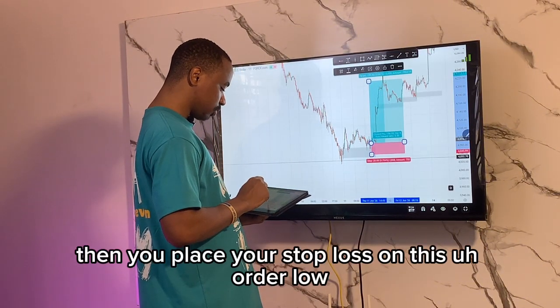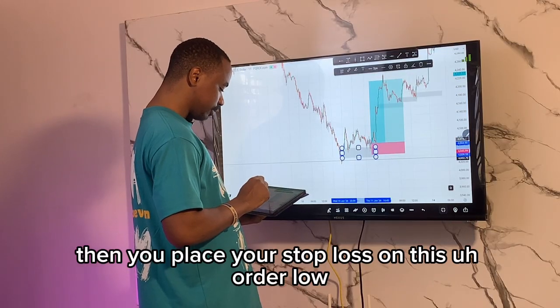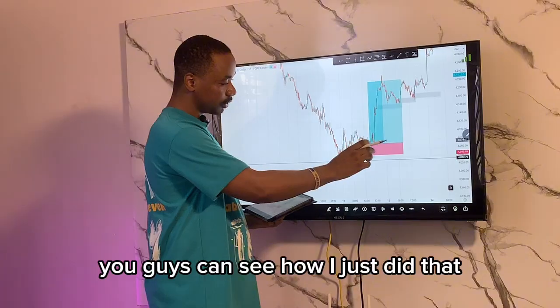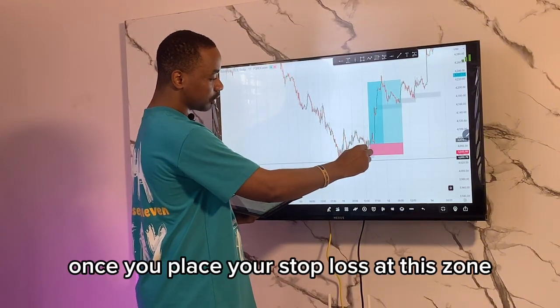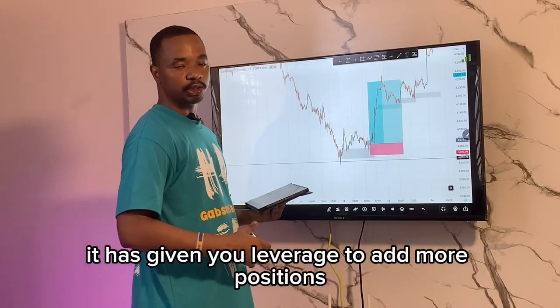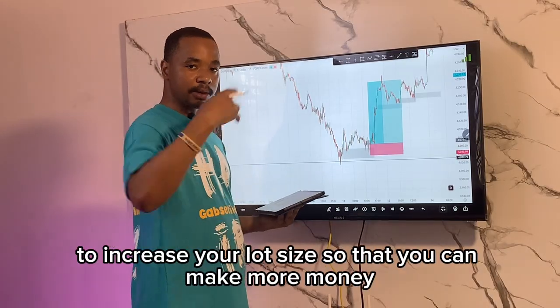Then you place your stop loss on this other low. You guys can see how I just did that. Once you place your stop loss at this zone, it has given you leverage to add more positions and increase your lot size so that you can make more money.